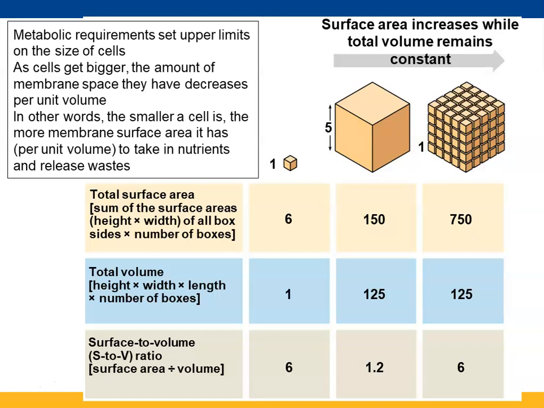So the smaller a cell is, the more surface area that membrane has, which allows it to both take in nutrients that it needs as well as remove waste. So you're not likely to see cells in that middle column. You're more likely to see lots of those smaller cells that you see in the first column making up roughly the same space as the middle column.